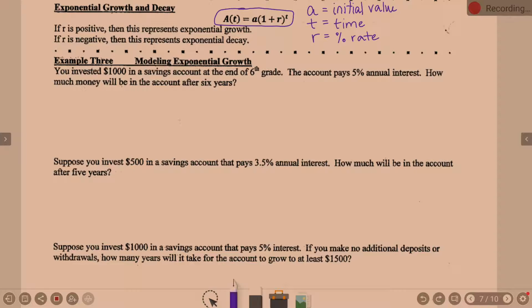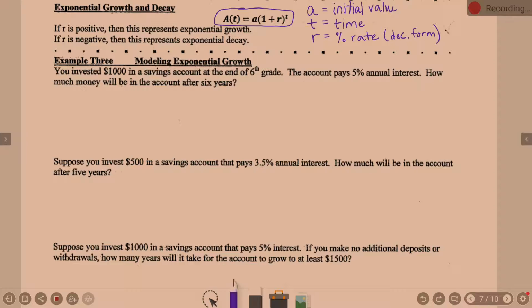Now, when we put a percent into an equation, what form of that percent do we use? Usually the decimal form, yes? So you wouldn't put 5% in, you would change it to a decimal. So when we talk about R, it is the percentage rate as a decimal. Okay, so the percent as a decimal.